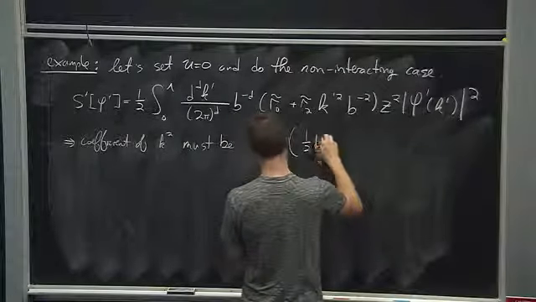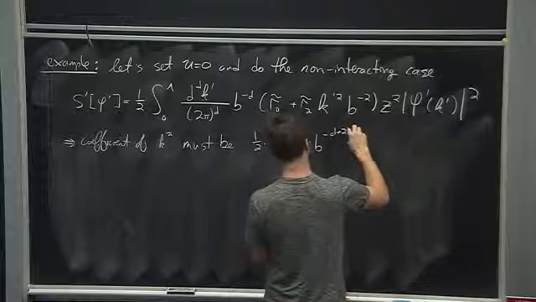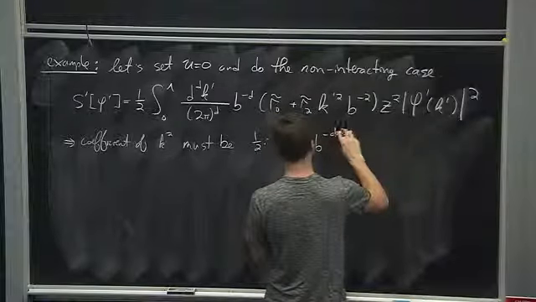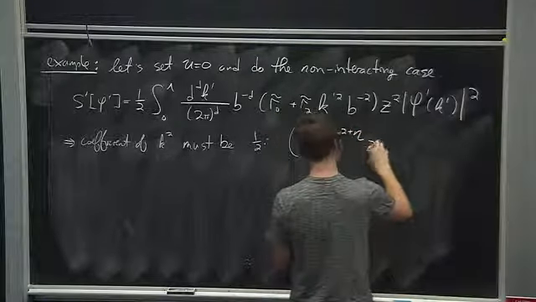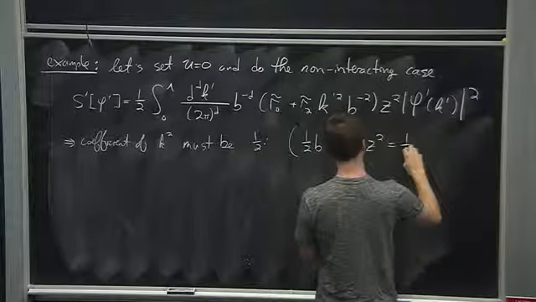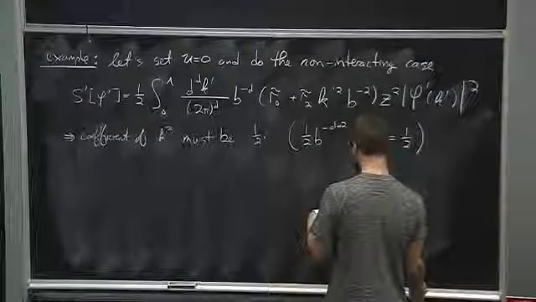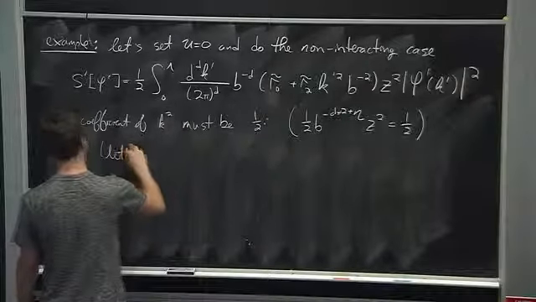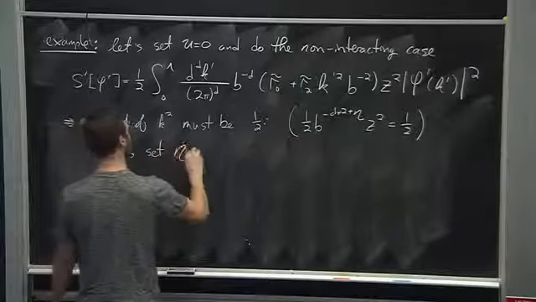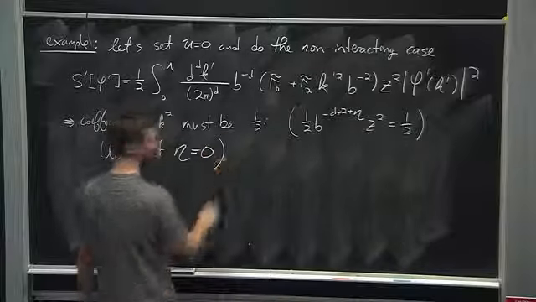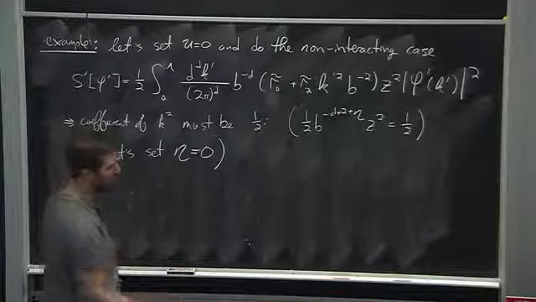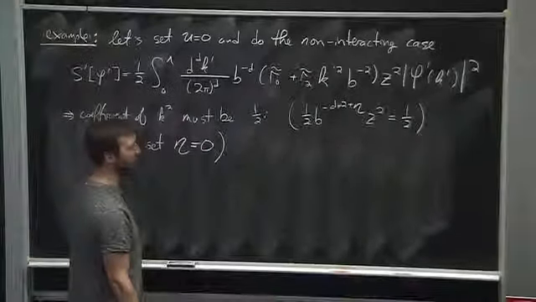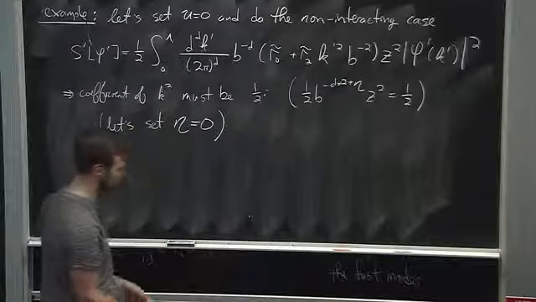That's 1/2 b minus d plus 2 minus d minus 2 minus eta z squared. So that's a constraint. And let's just set the anomalous dimension eta equals 0. We know a priori that that's the case for the Gaussian theory.